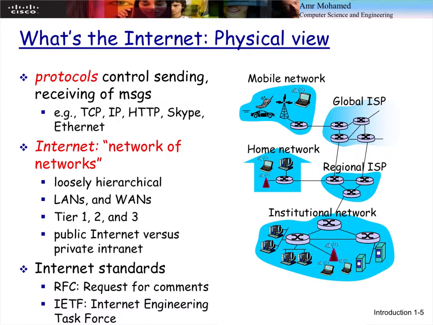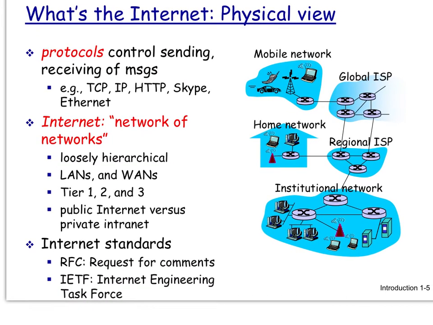So what really makes the internet scalable is the hierarchical architecture. The fact that you have LANs and WANs, but also you have internet service providers, which we call tier 1, tier 2, and tier 3.